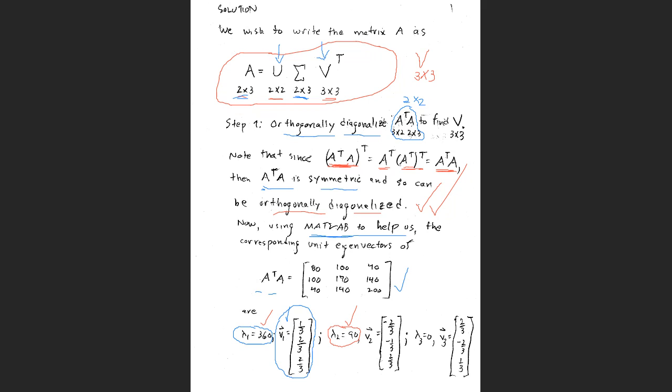Lambda 2 equals 90, and the eigenvector corresponding to that would be this unit eigenvector. And then finally, the third eigenvalue is lambda 3 equals 0, and V3 is the unit eigenvector corresponding to lambda 3 equals 0.